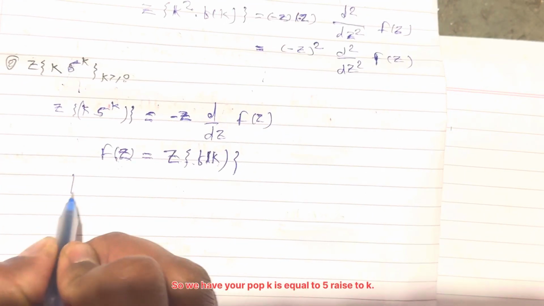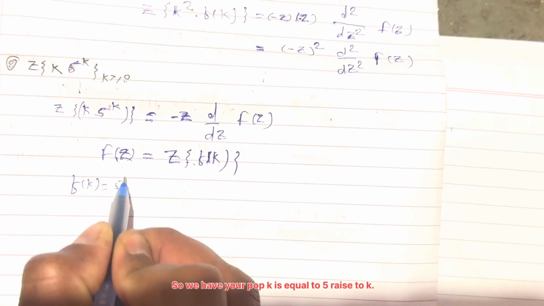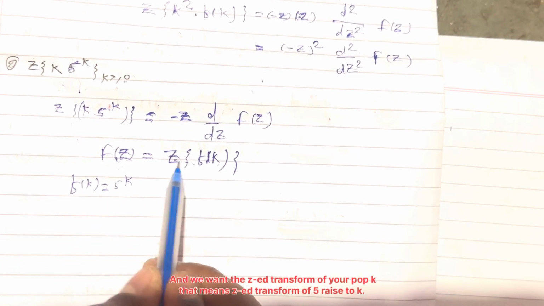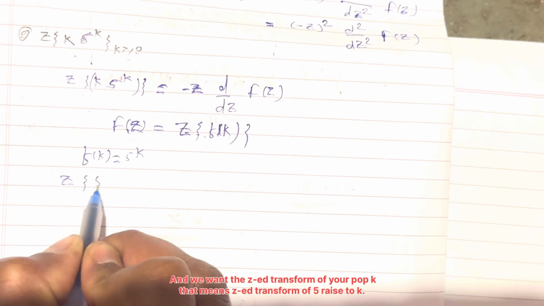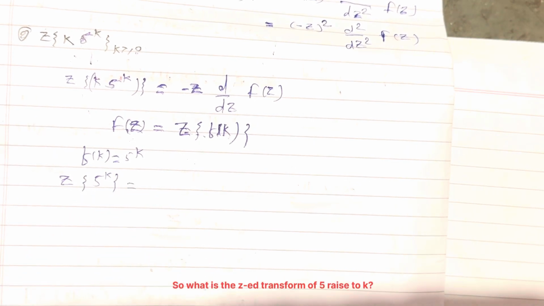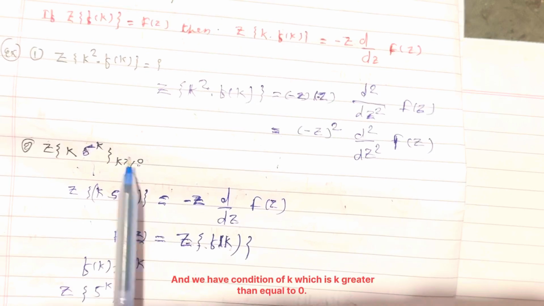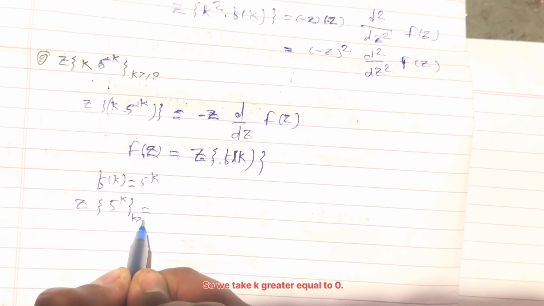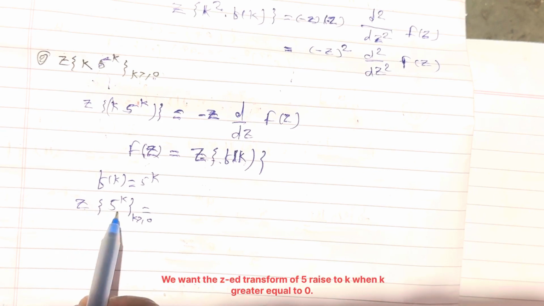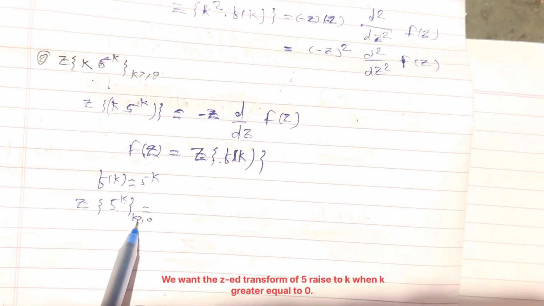So we have f of k equal to 5 raised to k, and we want the z transform of 5 raised to k. And we have the condition k greater than or equal to 0.